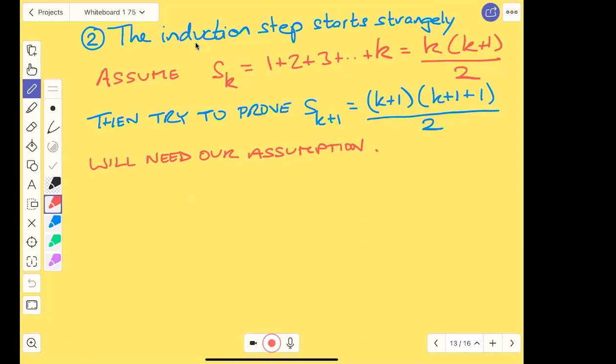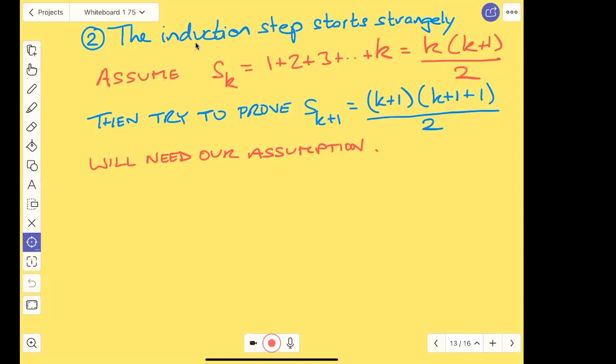And this isn't completely crazy, because we've just seen it works for n is 1. So let's say it works for n is k. So in other words, we're going to assume, adding up all the numbers, 1 plus 2 plus 3, all the way up to k, is k times k plus 1 over 2. We're going to make that assumption.